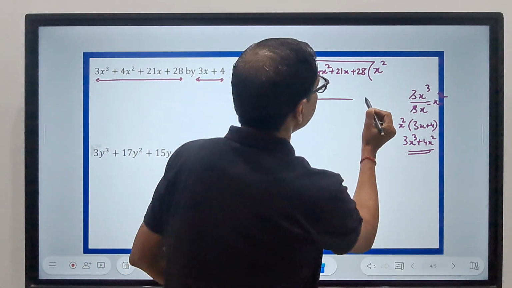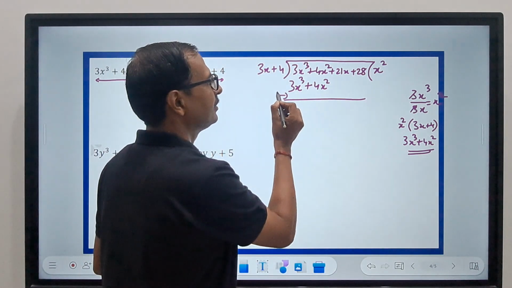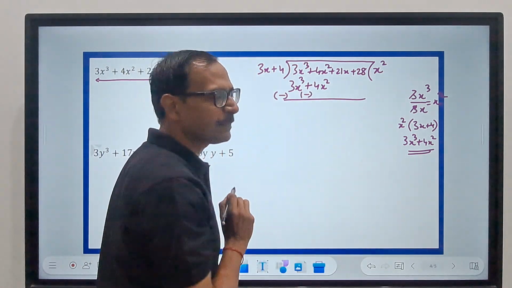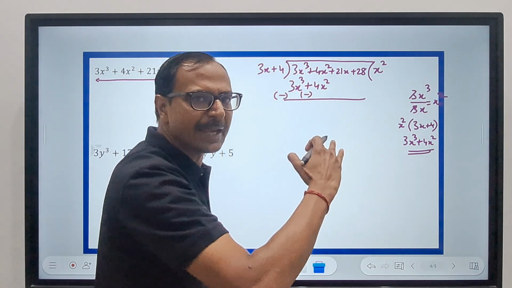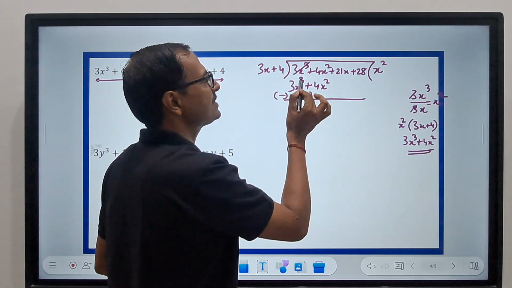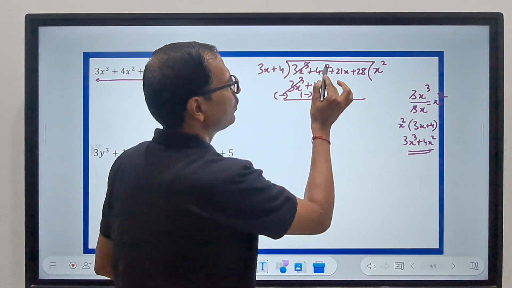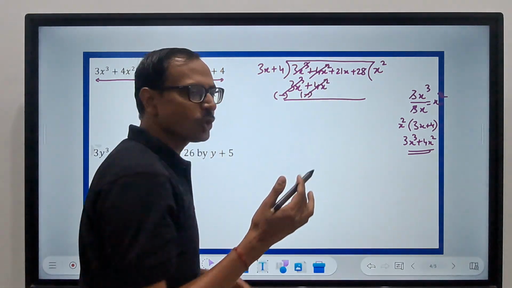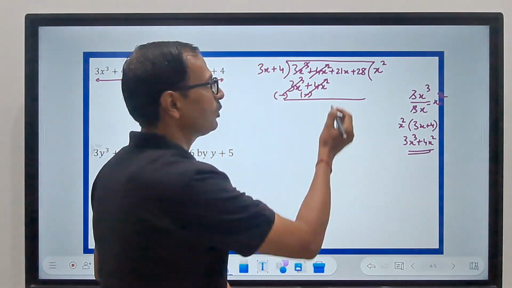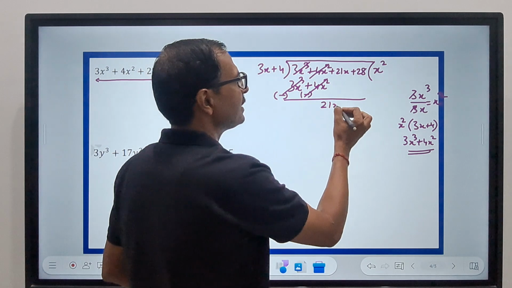So what do you do in traditional division? You change the sign, plus becomes minus, and add or subtract the like terms. So 3x cube minus 3x cube cancels out, 4x square minus 4x square also cancels out, and we have to bring down 21x plus 28.